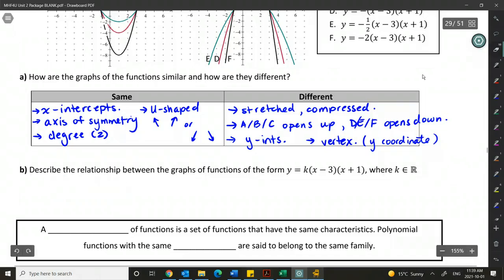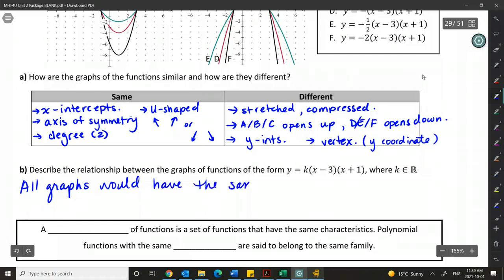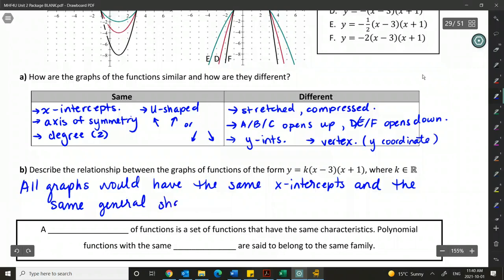Or we'll say all graphs would have the same x-intercepts. And I will say and the same general shape. Of course, we can see from these binomials that we're getting the same x-intercepts, so that should make sense.